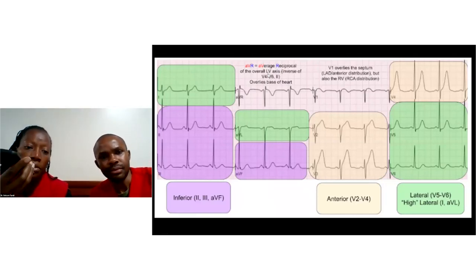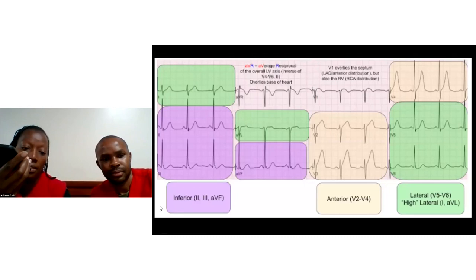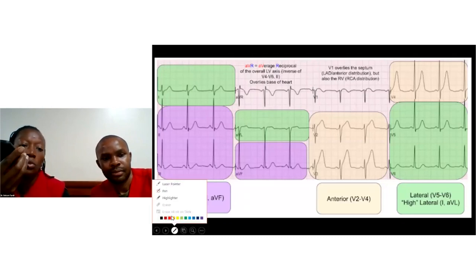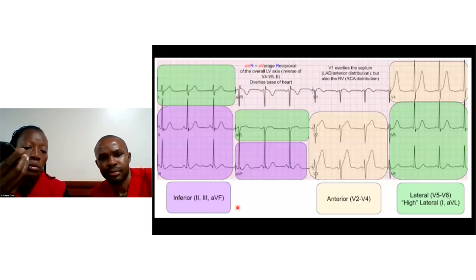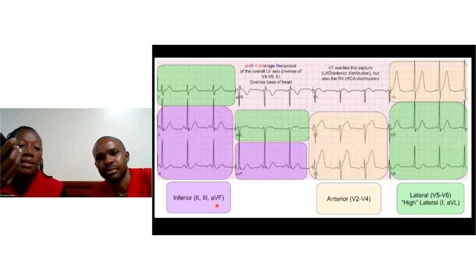So if I appreciate any changes whatsoever on the ECG in leads 2, 3, and AVF, then I know I'm looking at the inferior part of the heart, of the myocardium. And in this case, I don't have to appreciate changes on all 3 of them, but at least 2 of the leads that represent one part of the heart.